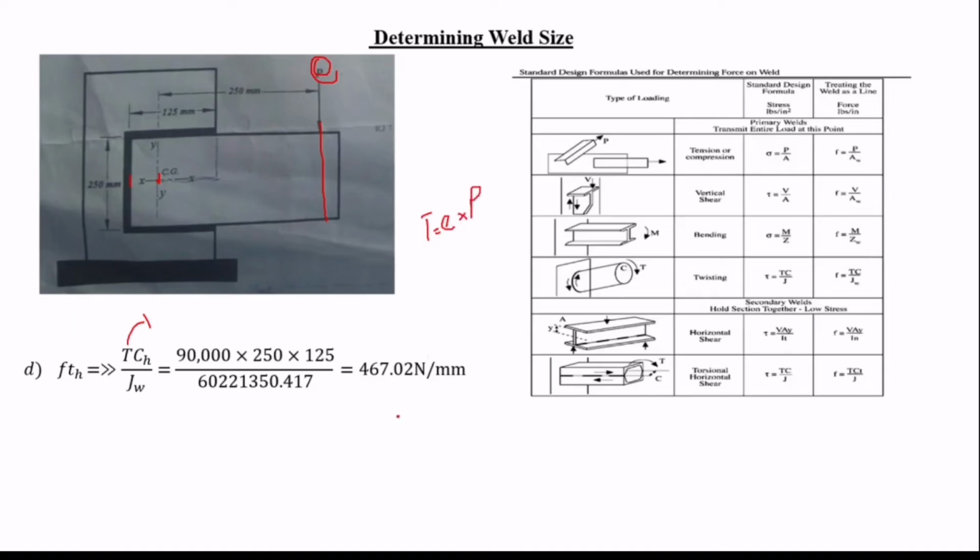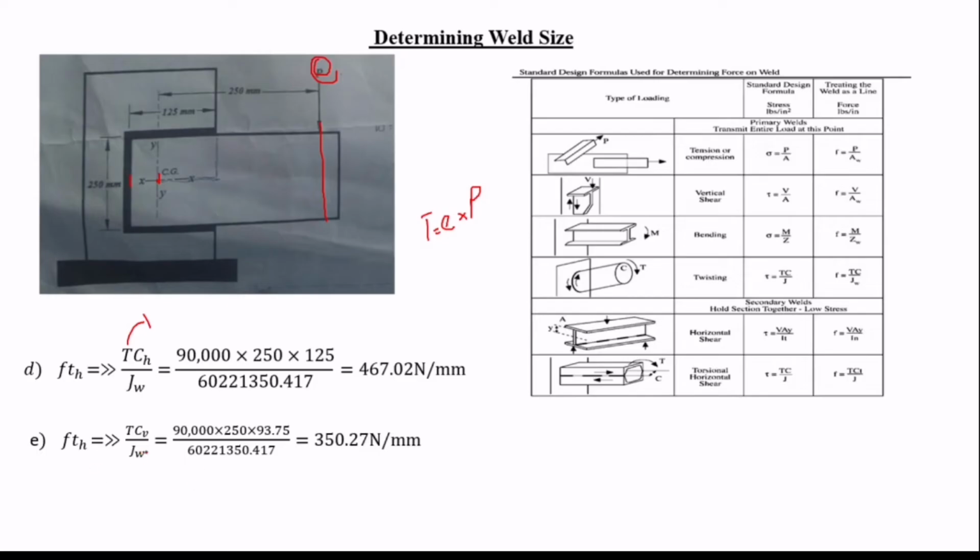So the horizontal component of the twisting force will give you TCH over JW. The vertical one is going to give you TCV over JW. Being able to find the CV and the CH will help you with the calculation. That's very important.